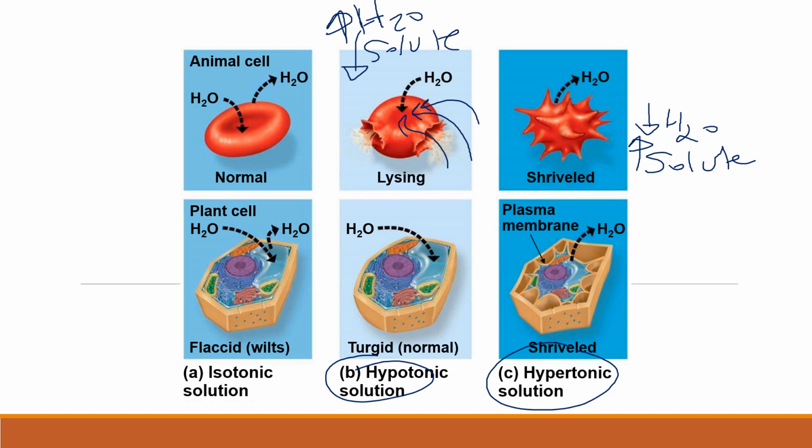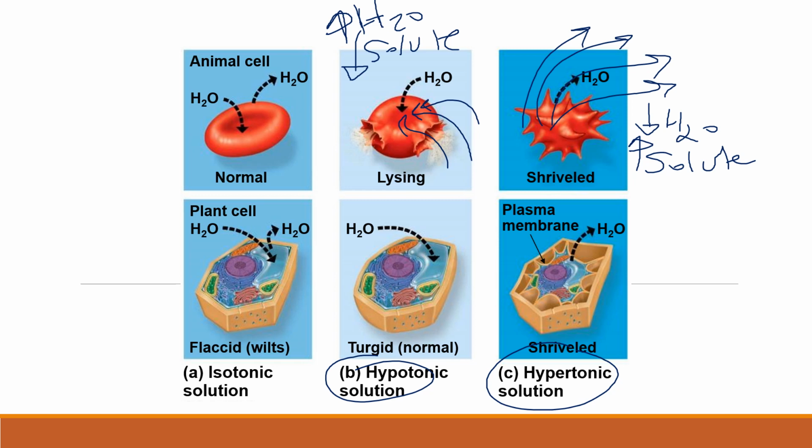And the answer is no. Because now, where do you have the higher water concentration? You actually have a higher water concentration inside the cell compared to outside. So what's going to happen is that you're going to notice that the water is going to start rushing out of your cells, because it's moving from a high water concentration inside your cell to a low water concentration outside your cell. And if this continues to happen, then that's problematic because your cells are going to start shriveling up because they're losing too much water.